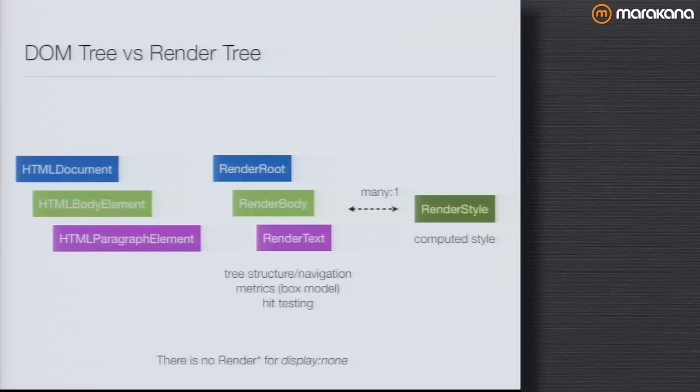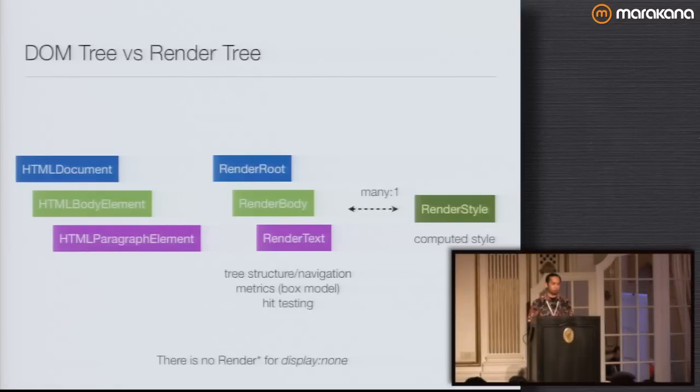The render tree is also used to navigate the tree structures and do hit testing. So if you click on a button or mouse over, then it knows which render tree node corresponds to which DOM tree node. Obviously, if you read the CSS box model specification, you need to be able to find styles for your rendering. And it's tackled by something called render style. This is yet another tree structure.